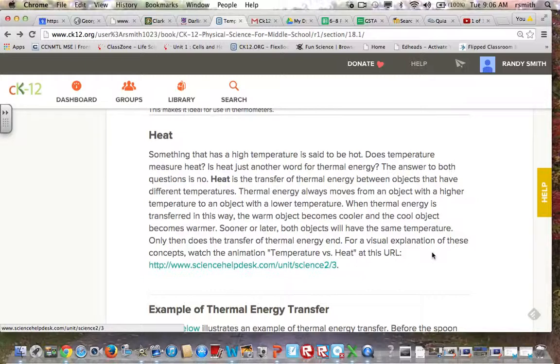So it always goes hot to cold. When thermal energy is transferred in this way, the warm object becomes cooler and the cool object becomes warmer. Sooner or later, both objects will have the same temperature. Only then does the transfer of thermal energy end. You can scroll down and take a look at temperature versus heat if you'd like to by clicking right here.